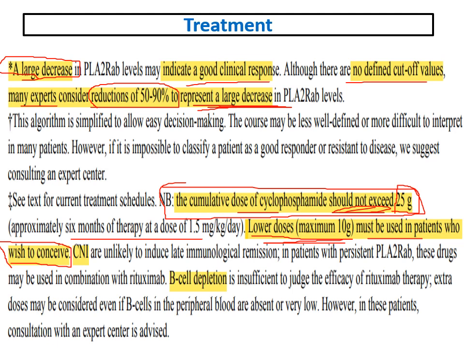We should then use a maximum cumulative dose of cyclophosphamide of 10 gram. CNI again is usually associated with a higher relapse rate, so we need to use them for a longer duration. In patients using rituximab, B cell depletion is insufficient to judge the efficacy of rituximab therapy.